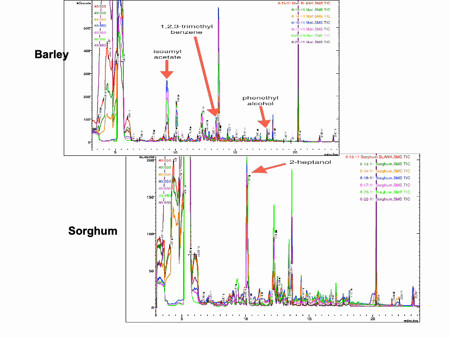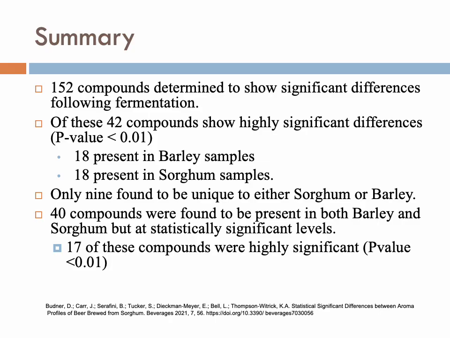So like I said, we ended up doing 52 unique fermentations of sorghum and barley at the same time using US-05. When we did that, we found that 152 compounds showed a significant difference in concentration through fermentation. So either they increased significantly, or they decreased significantly.